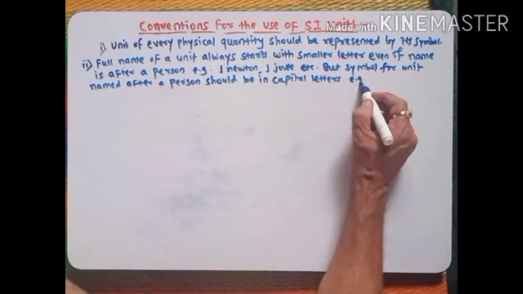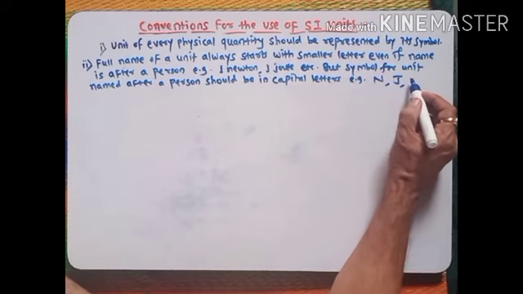For example, N for newton, J for joule, etc.